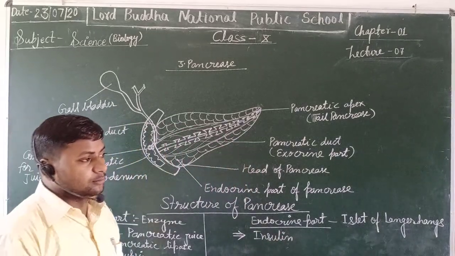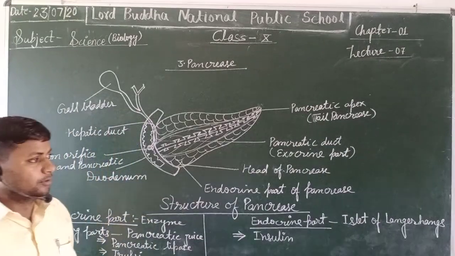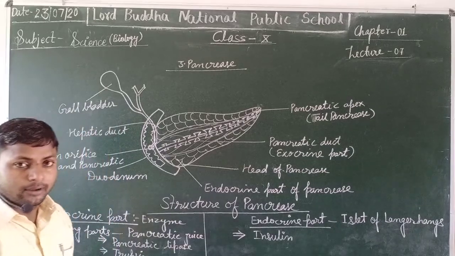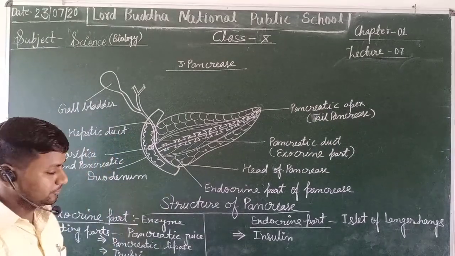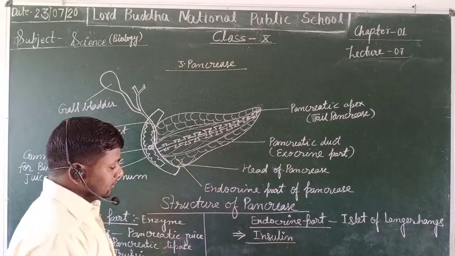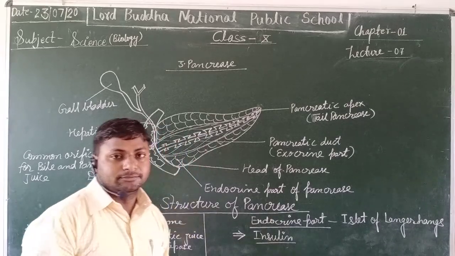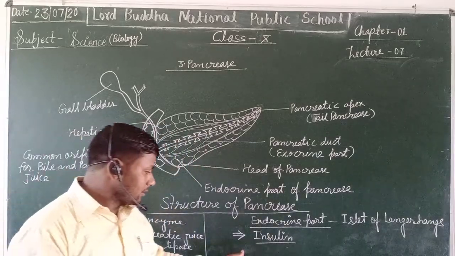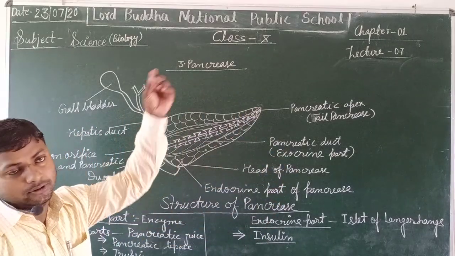Most people after the age of 30-40 suffer from a very crucial disease, diabetes, due to the absence or hyposecretion, meaning less synthesis, of insulin hormone inside our body.